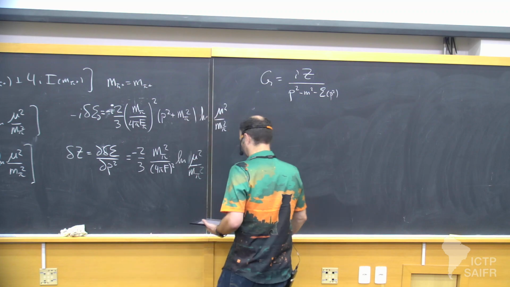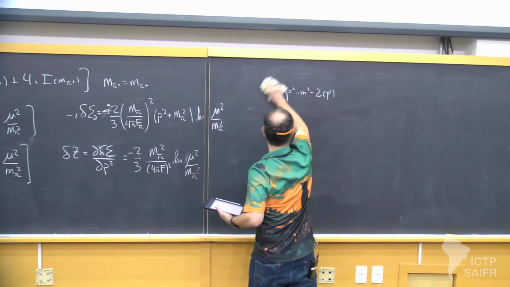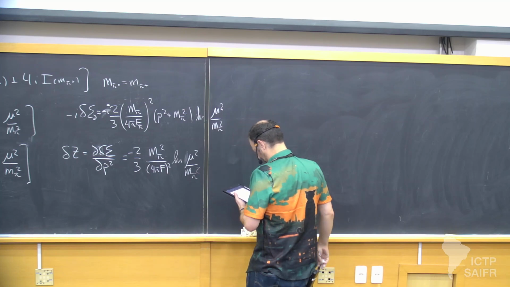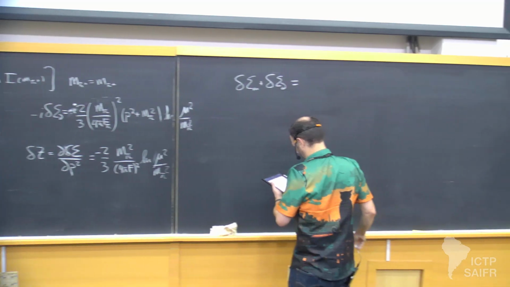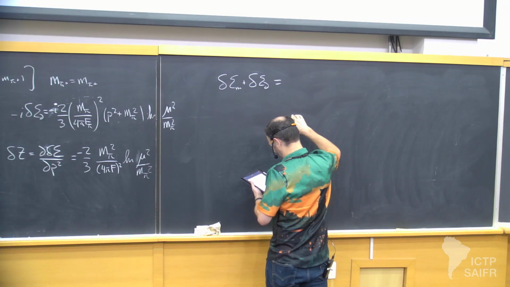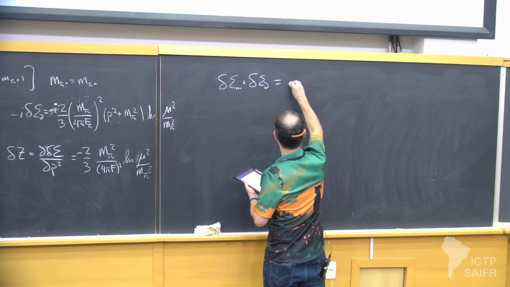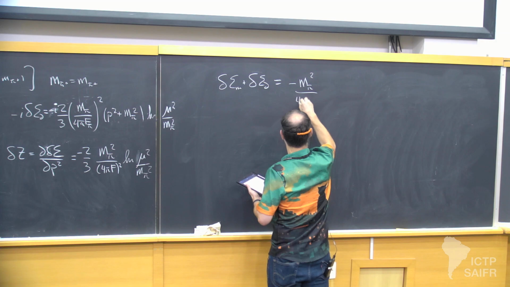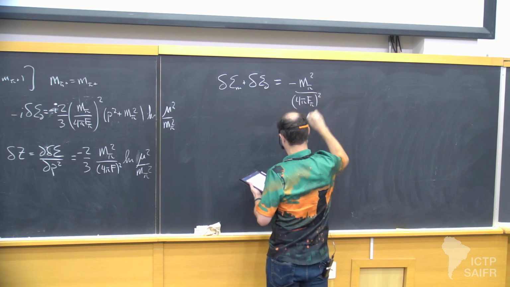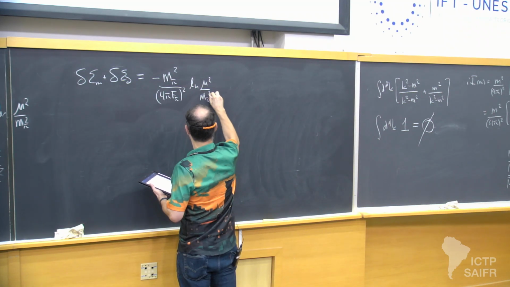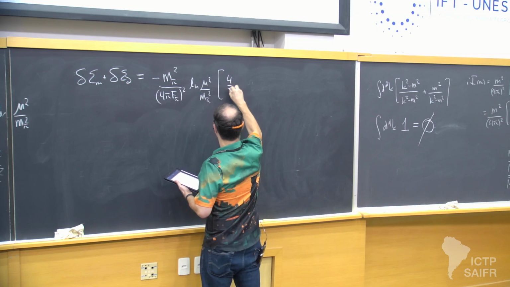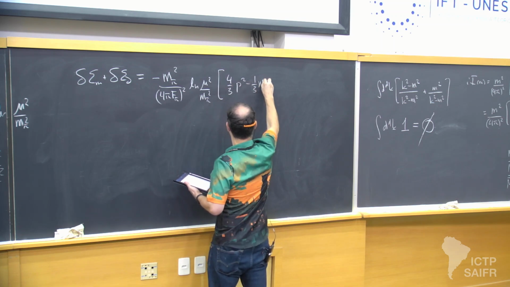And so then if I put it all together, this correction to the pion mass through the loop order, in an on-shell scheme, I get this small parameter suppression I'm expecting, and then a log mu squared over m_pi squared, and then 4/3 p squared minus 1/3 m_pi squared.